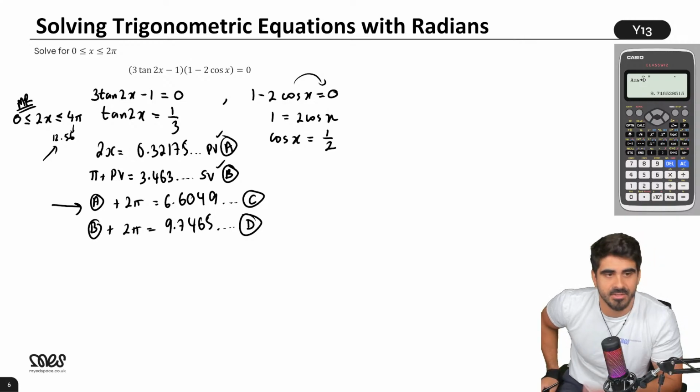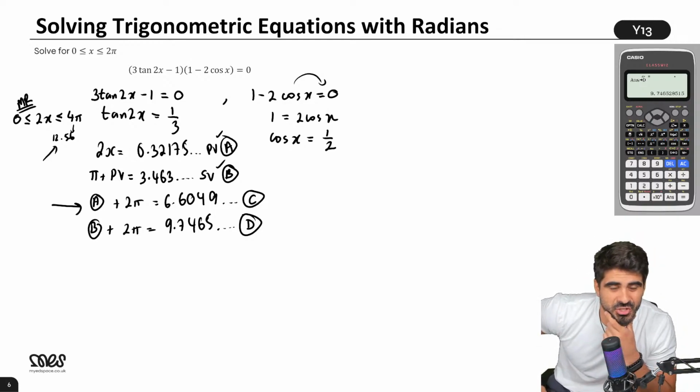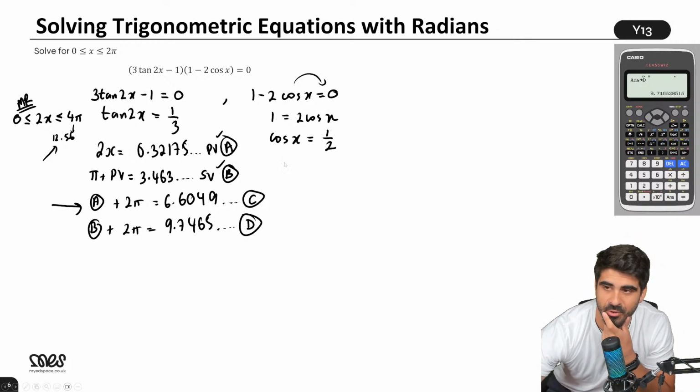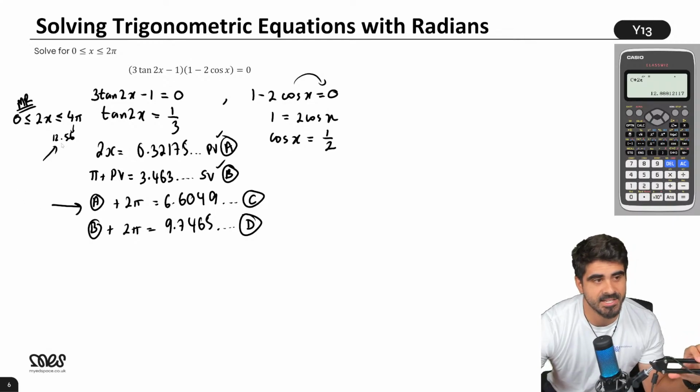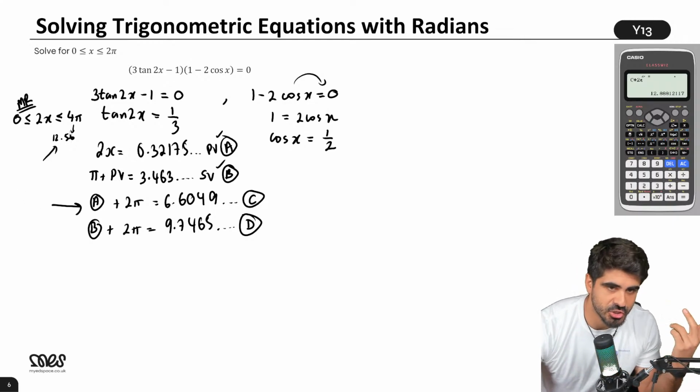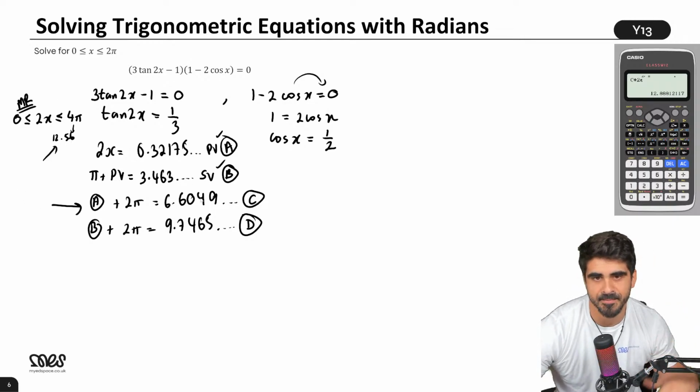I recommend that you at least check. You don't need to write anything down. Just double check C plus 2 pi. Okay. That is close, yeah, but not quite. This is why you decimalize that value. So guys, I'm giving you these tricks. They're going to save you in the long run.